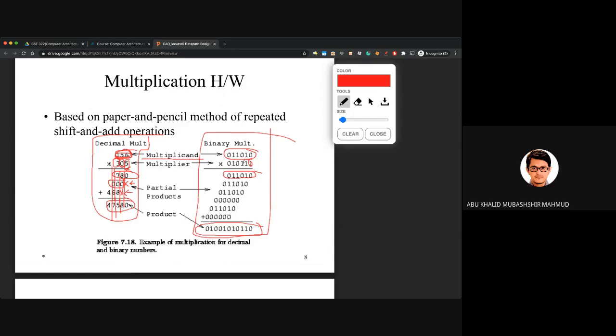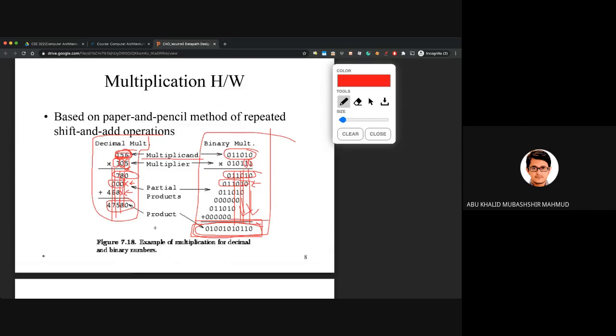Then we go on to the next bit, multiply the multiplicand with that, also left shifting the result, and we get this value, and so on. This continues, and at the end we use addition and find the product as shown here.